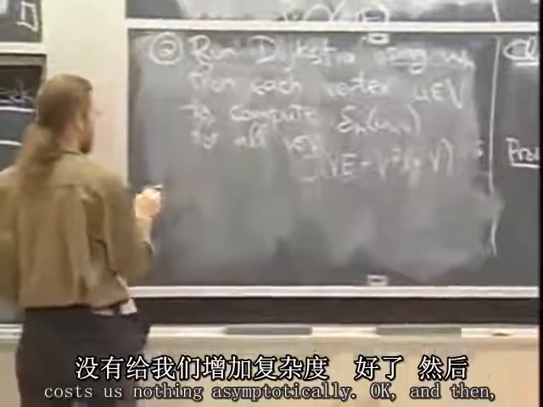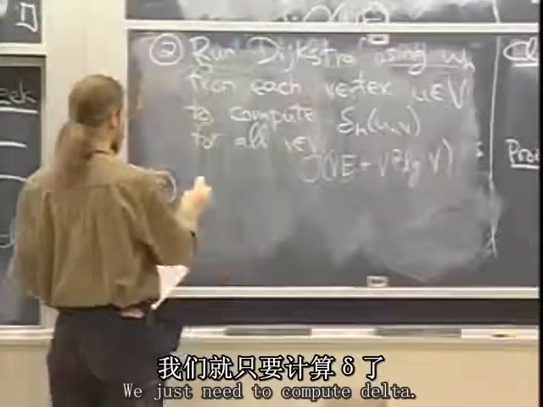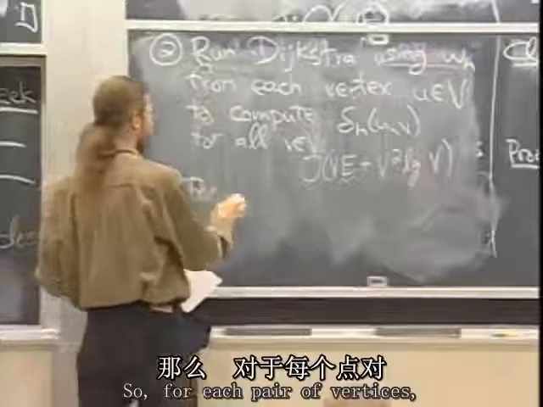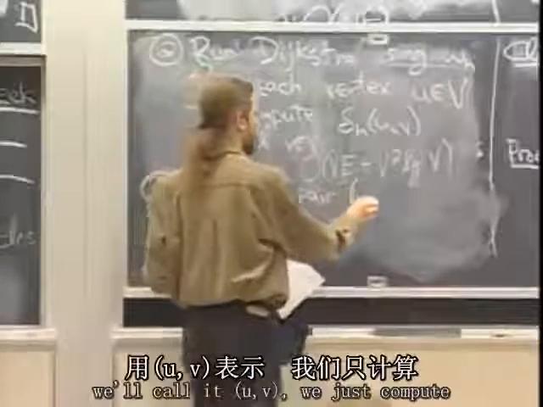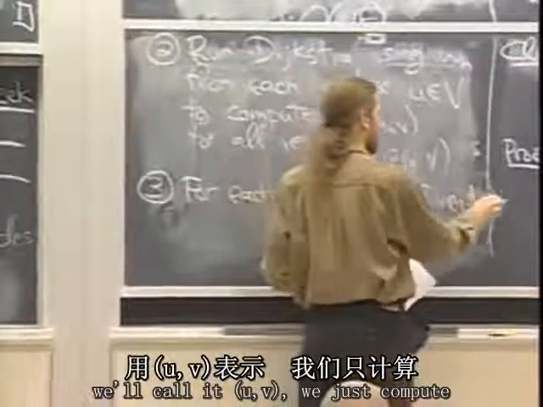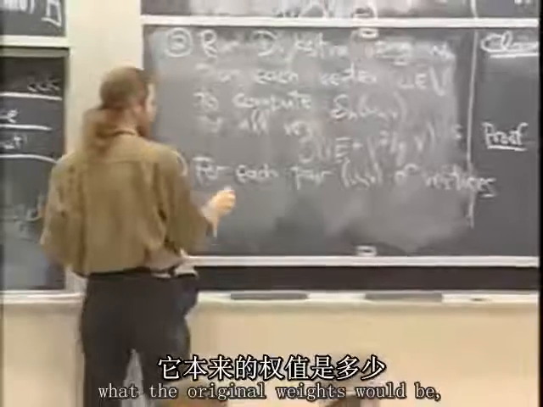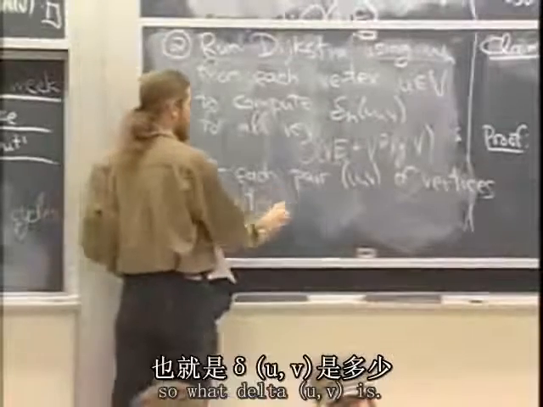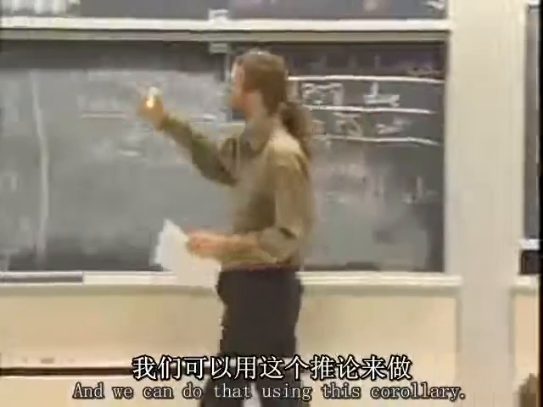And then the last step is, well, now we know delta h. We just need to compute delta. So for each pair of vertices, call it uv, we just compute what the original weights would be, so what delta of uv is, and we can do that using this corollary.